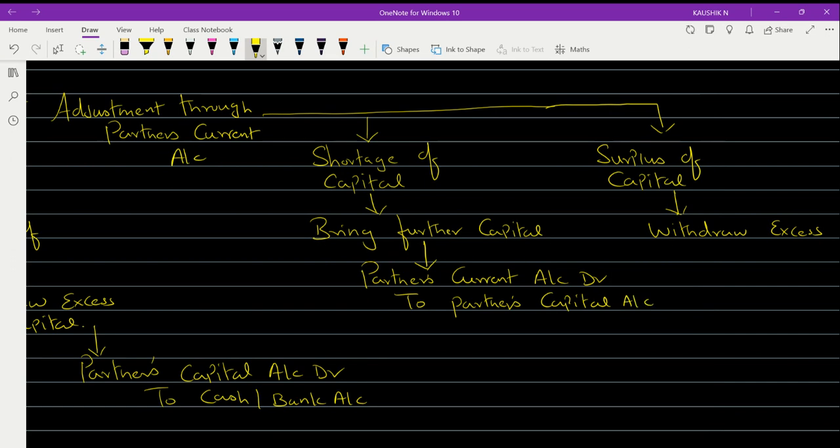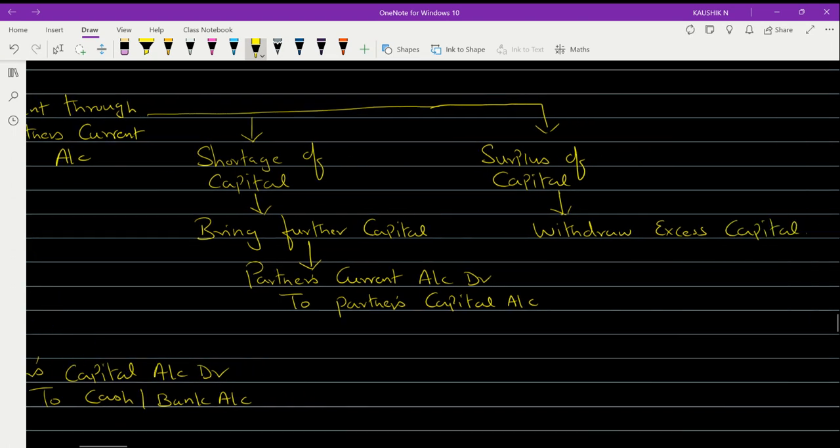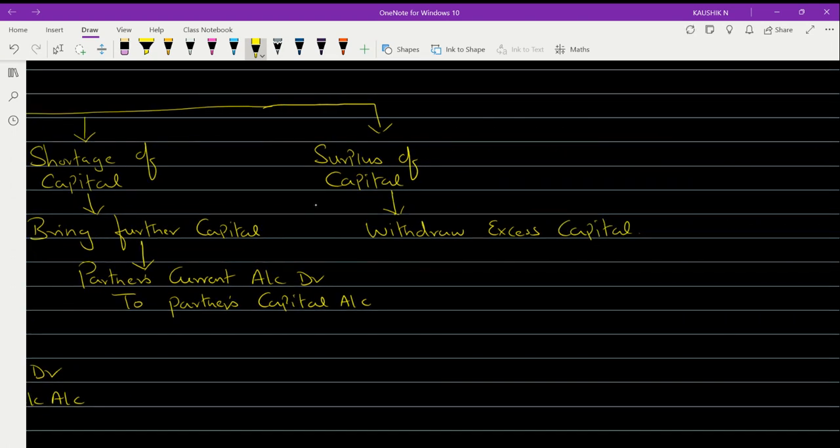That is, in place of cash or bank, you swap it with partner's current account. That is the only change, nothing else. For surplus, the reversal of that: partner's capital account is debited to partner's current account.